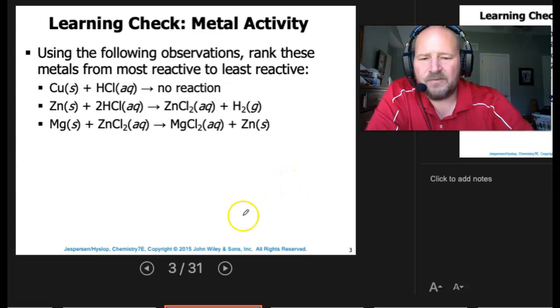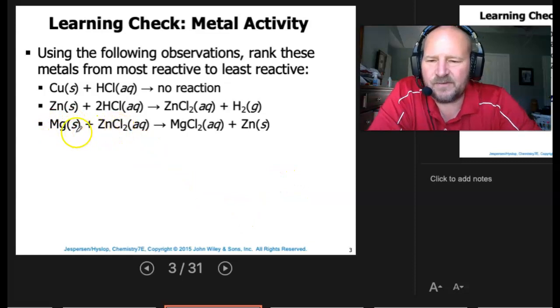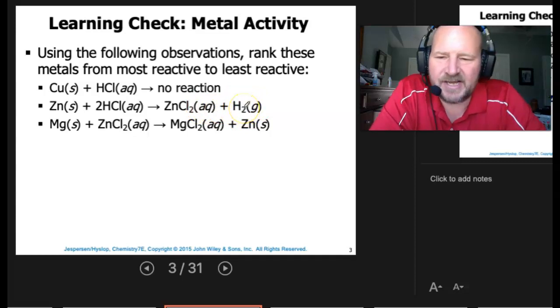The way we would see this is if I take magnesium metal and put it in solution with zinc chloride, the magnesium replaces the zinc, gives us magnesium chloride, and we'll see zinc solid appear. If I take zinc solid and put it in HCl, we'll see ZnCl2 solution, so we'll see the zinc disappear, and we'll observe little bubbles appearing on the zinc, which is our hydrogen gas.